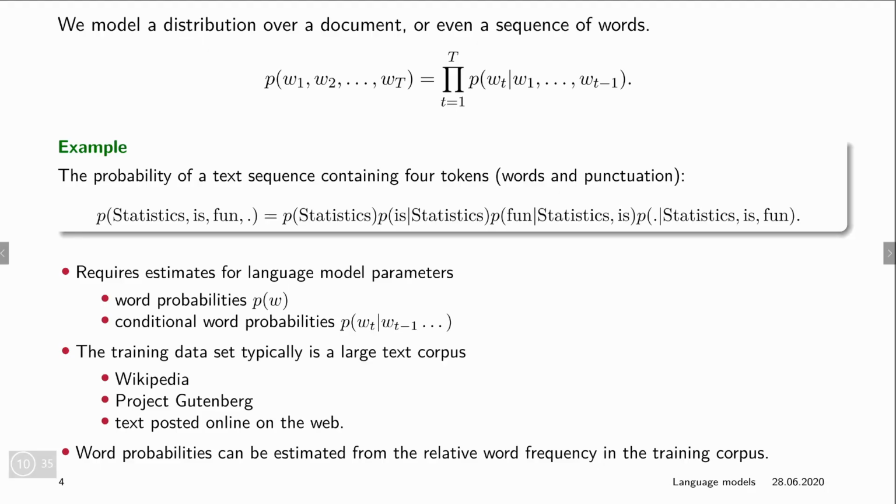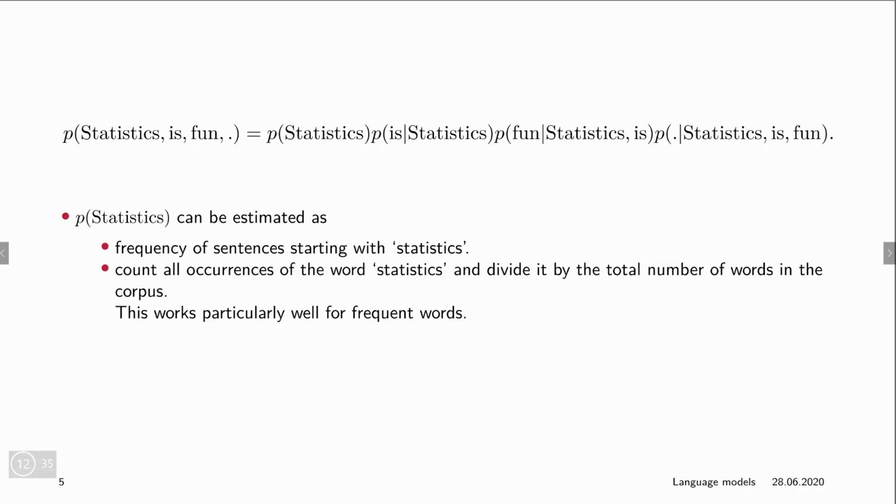Typically, we use training data in order to estimate these parameters. And these training data are usually large text corpora, such as Wikipedia, Project Gutenberg, or web pages. And the word probabilities can be estimated from relative word frequencies in these corpora. For example, P of statistics could be estimated as the frequency of sentences starting with statistics.